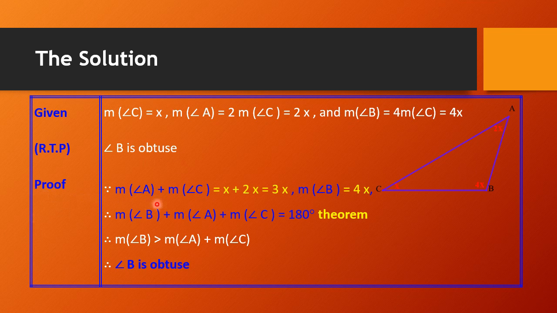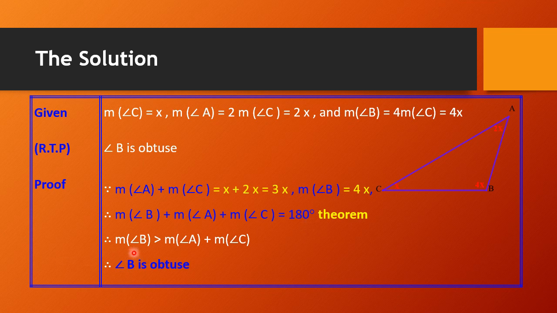The proof. Since measure angle A plus measure angle C equals x plus 2x equals 3x, and measure angle B is 4x, then measure angle B plus A plus C equals 180 degrees, by theorem.